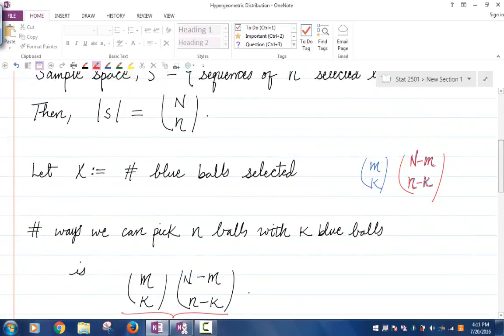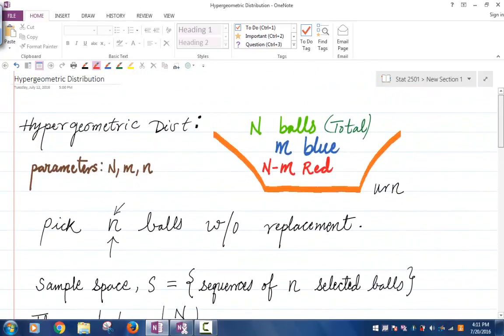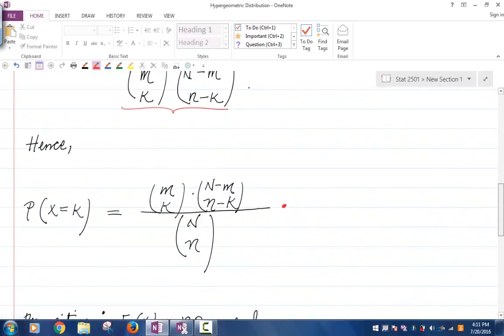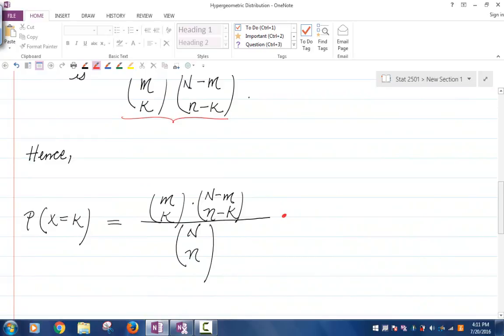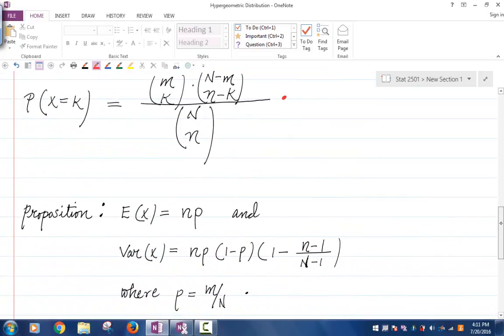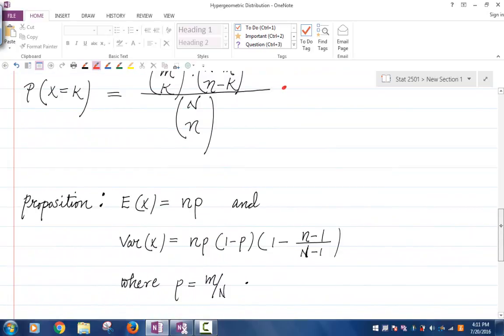The variable x here is called a hypergeometric random variable, and its distribution is called the hypergeometric distribution. Now the expectation of x turns out to be n times p, and the variance of x turns out to be np times 1 minus p times 1 minus (n minus 1) over (capital N minus 1), where p is M divided by capital N.